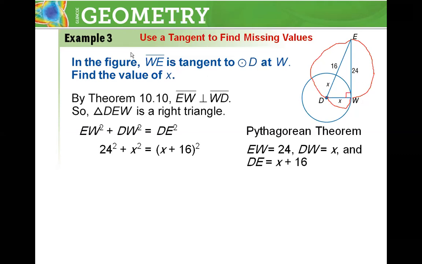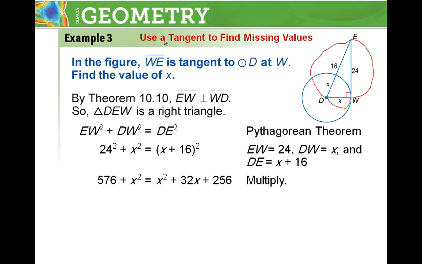I'll complete by expanding this bracket. This bracket is called a perfect square, and we expand it by taking the square of the first, the square of the second, and 2 times the product of the first and the second.